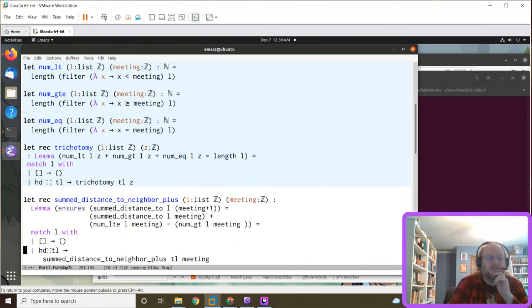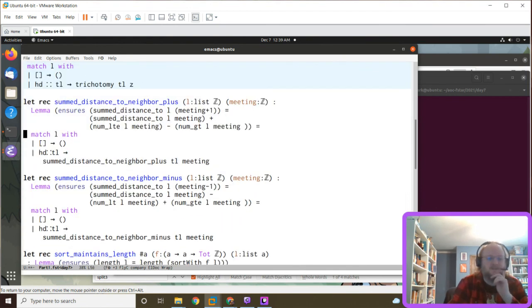Okay, so we know what happens as we move away from the median.